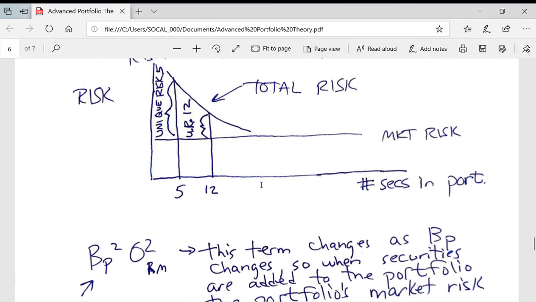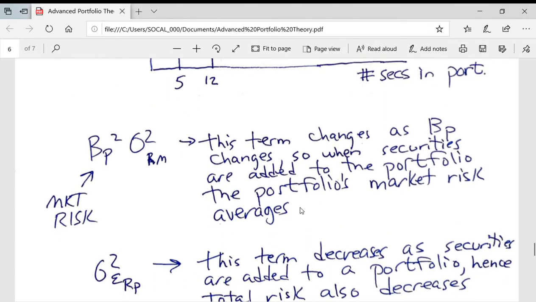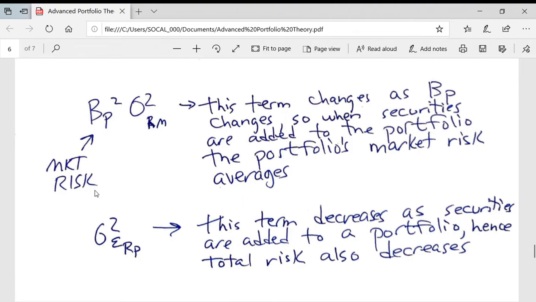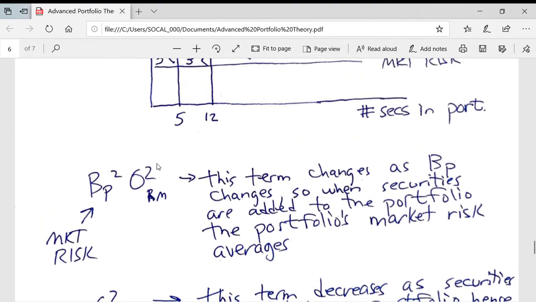Now, we want to prove that. We want to prove that unique risk falls as the number of names or number of securities in a portfolio increases. Okay? So here, just some background information. Beta portfolio squared times the variance of the market return is the market risk. This term changes as portfolio beta changes. So when securities are added to the portfolio, market risk averages out.